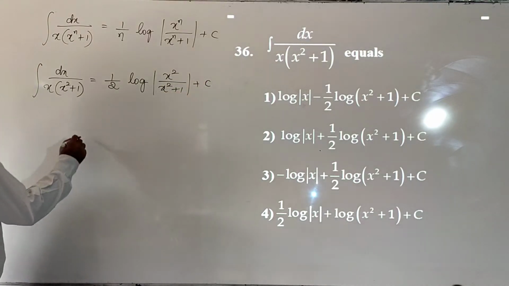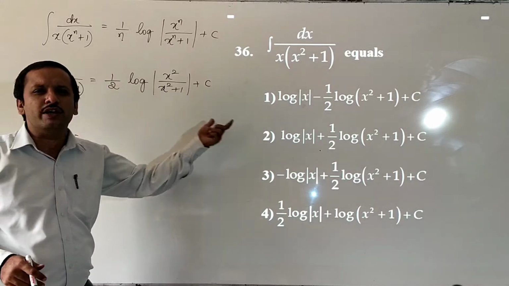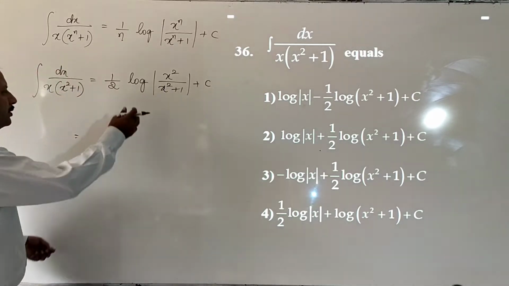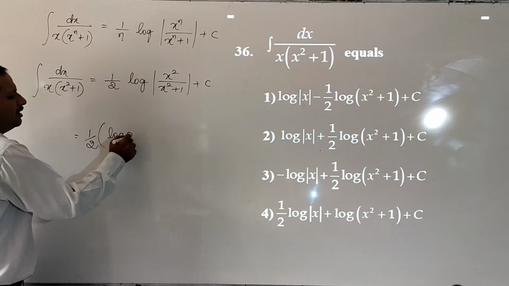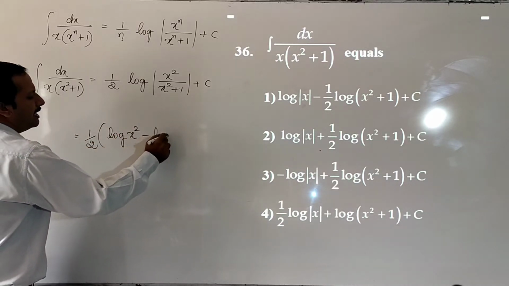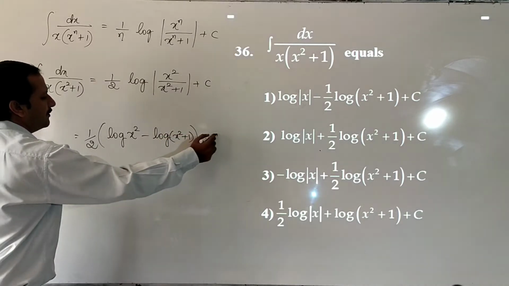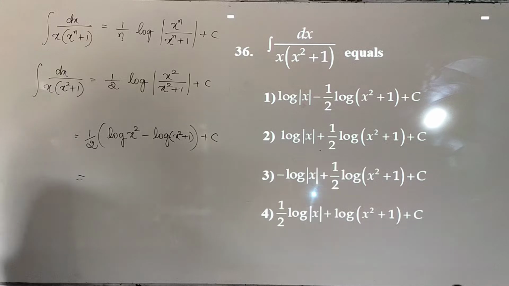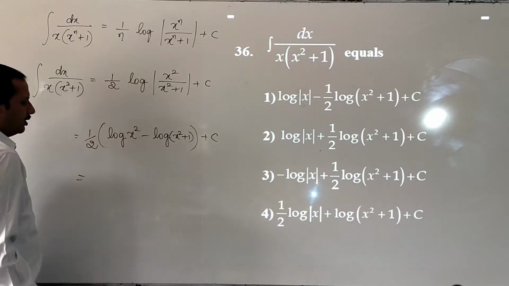Again, as you can see, this answer is not available in the options. So what do we do? I will write log of x square by x square plus 1 as log x square minus log x square plus 1. Log m by n I am writing as log m minus log n.